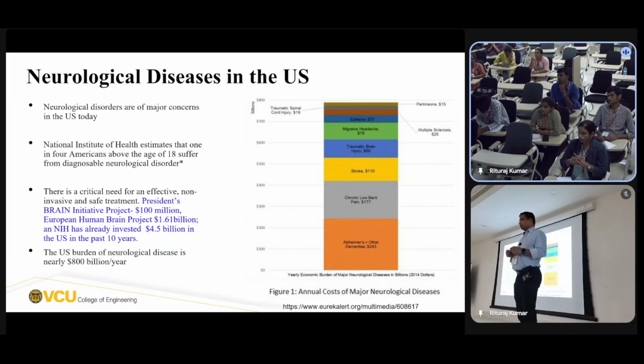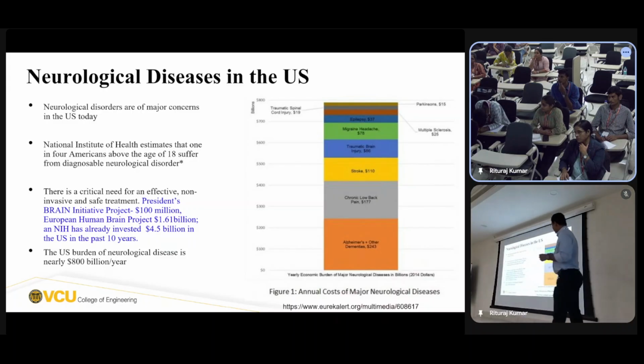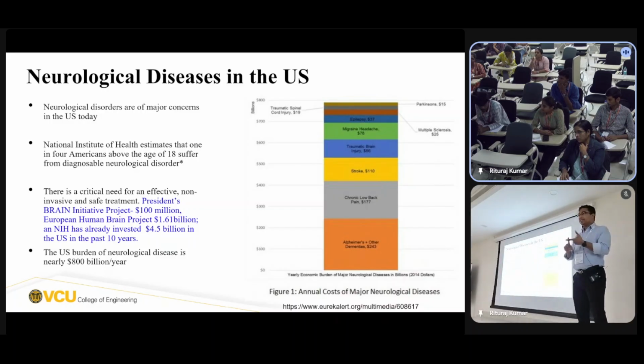What are the ways? MRI, magnetic resonance imaging. Do you know what that is? Magnetic resonance imaging, right? So MRI is one. You can have a CT scan as well.